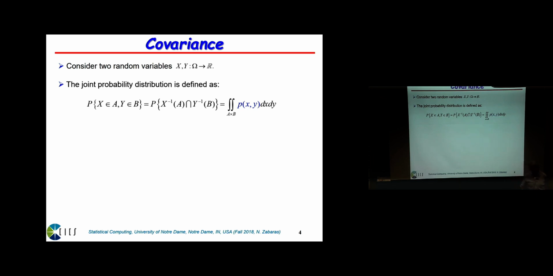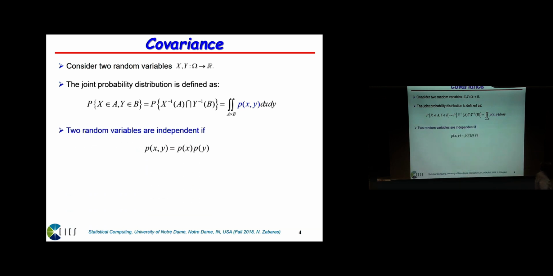Nothing fancy about that. What is new is, since we talk about the joint probability of x and y, we now define the joint density as nothing else but this integral over the domain A cross B of p_xy, dx, dy. So this is really old stuff, and this is the new definition of the joint density.